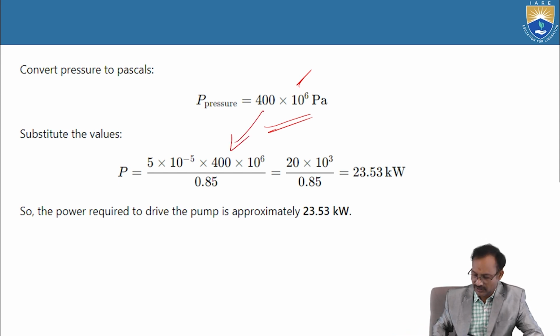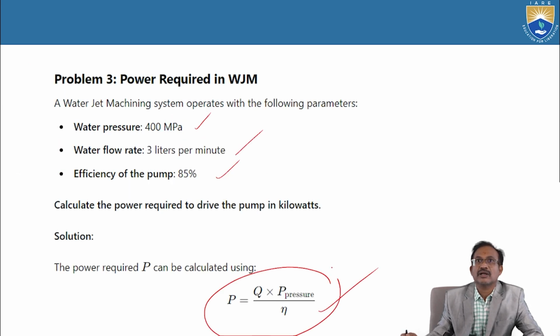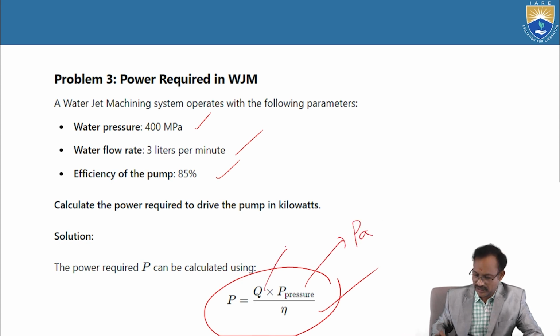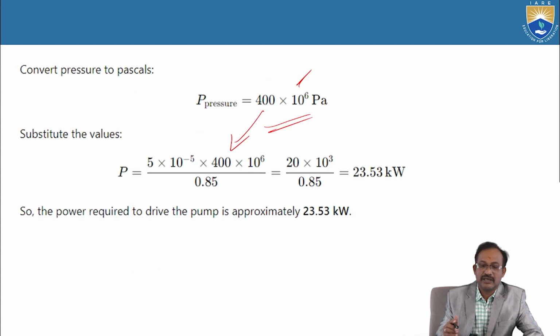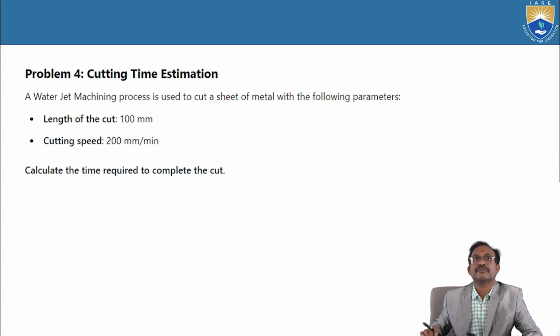First we have this formula, and we need to convert into simple pascals, and Q we need to find, and efficiency is 0.85, given. So this one is the calculated Q. Finally, the power required to drive the pump is approximately 25.53 kilowatts.